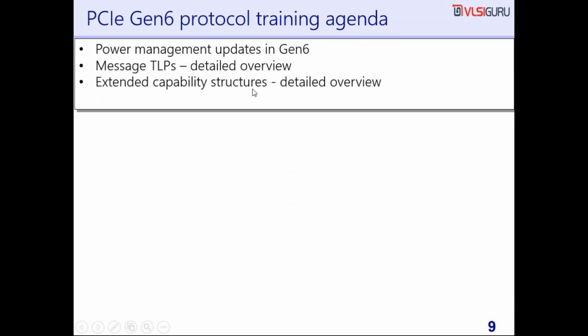In Gen 5, we have only taken a brief about different types of capability structures and extended capability structures. So here we'll be talking in depth of the capability structures. We'll also talk about interrupt handling in detail. So this is a brief of what we are going to cover as part of the Gen 6 protocol training.